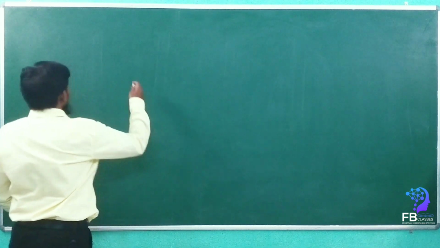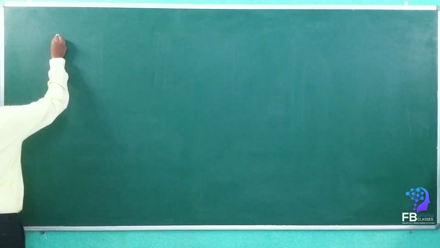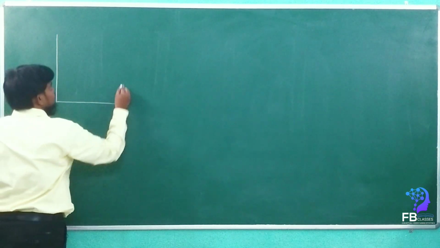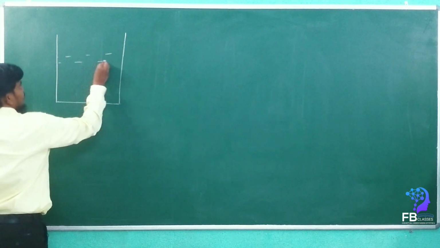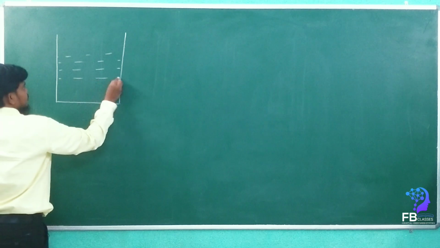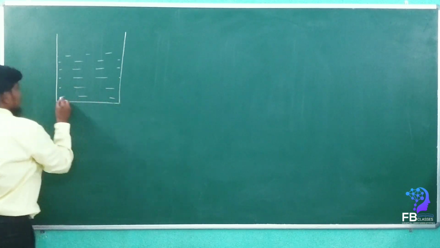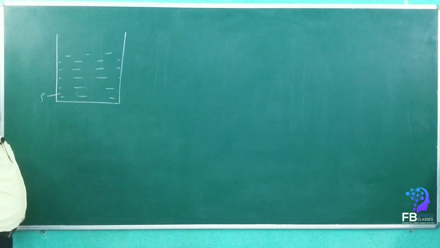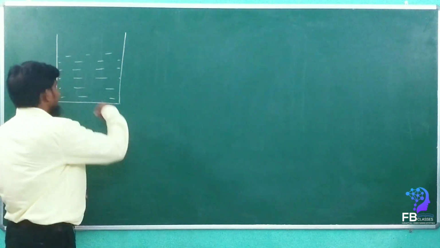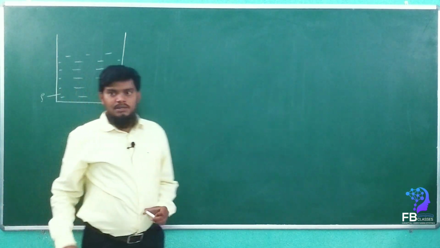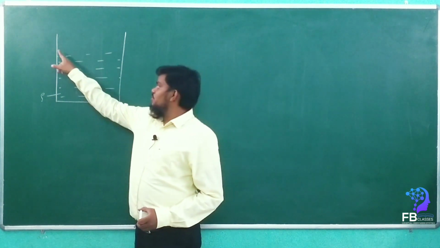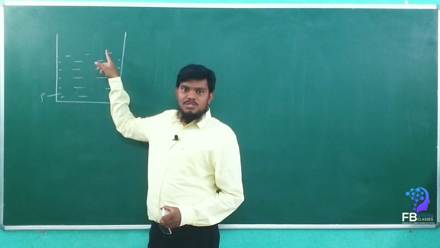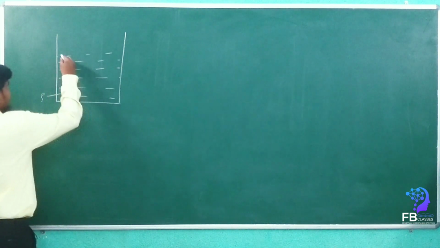Now, the question is given. If this is the container having the liquid, let the density be rho. Now what will happen? If you rotate this container, the shape of the liquid surface will become curved, like this.